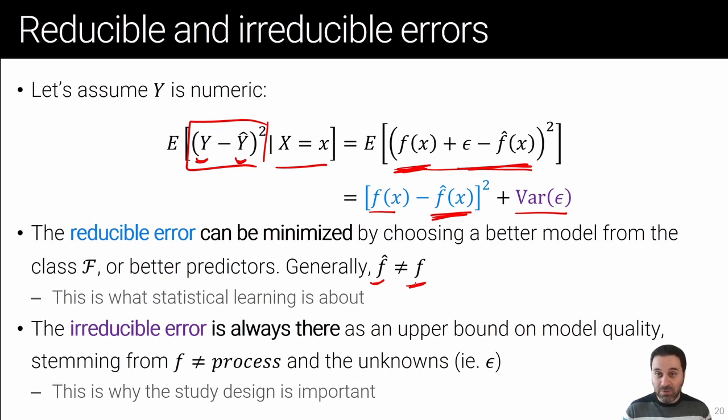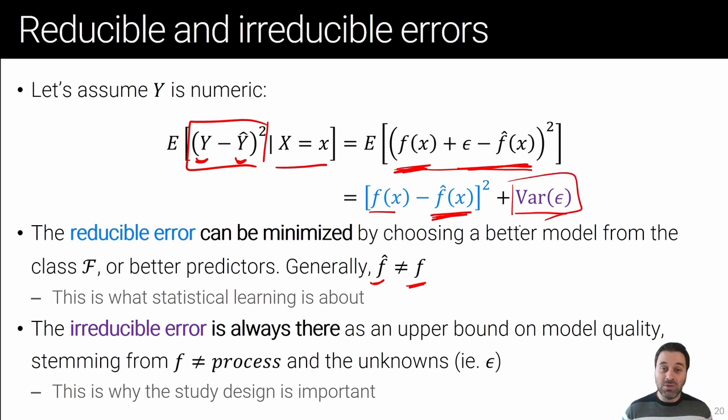In one way or another, there's going to be a slight deviation because our estimate depends on data. And so statistical learning is about reducing this error, or this difference between the optimal model from the class and the model we estimate given some data. But we always have the irreducible error.